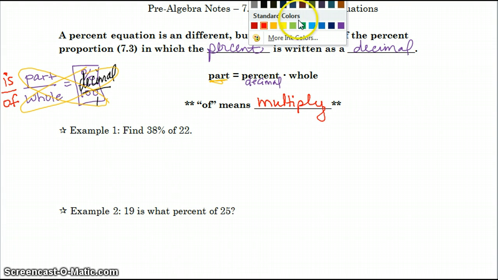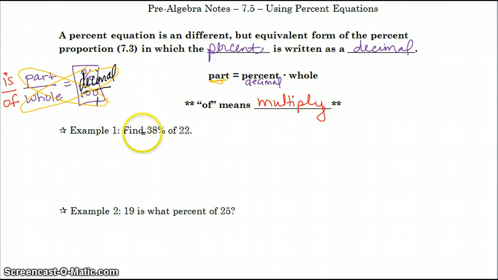All right, so moving on to example 1, it says find 38% of 22. Our equation says part equals the percent times whole. I'm going to use P for part, let X be our percent since percent looks so much like an X, and W for whole. But I know the percent, 38%, so that's not going to be my variable.